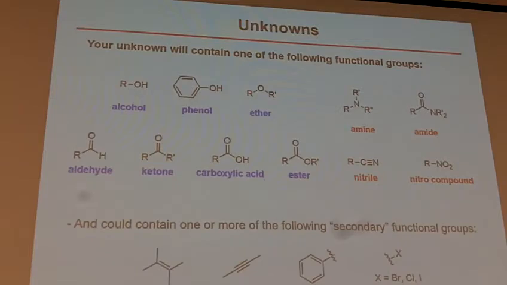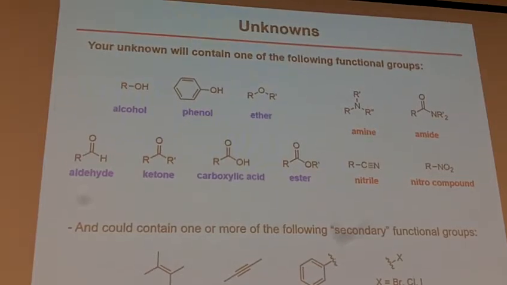The other possibilities are that you will have either an alkene, an alkyne, an aromatic ring, or a halide in there. So if you remember from last semester, with the alkenes and alkynes, how would you know if you had one or not? Do you remember from experiment 6 how you would know if you had an alkene or alkyne?